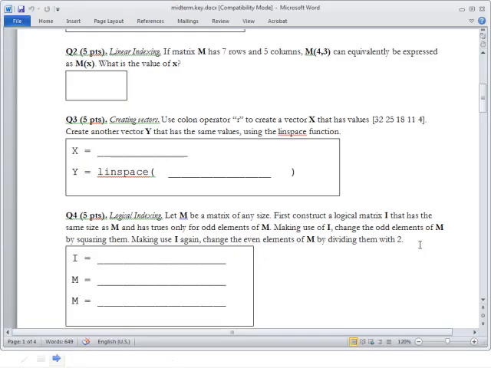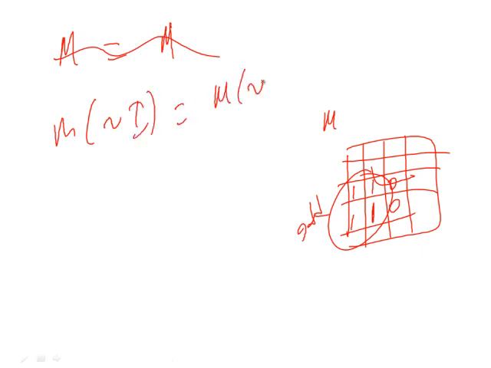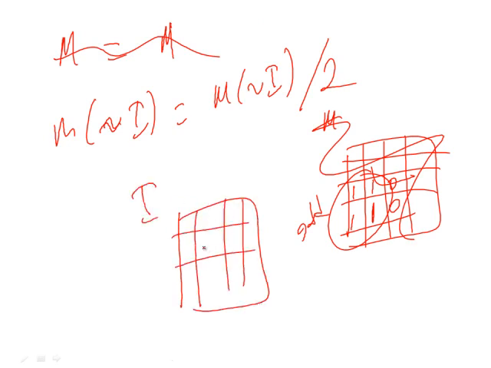In the next question, you're asked to change the even elements of M by dividing them by 2, so that's trivial. You would just do M(~I) equals M(~I) divided by 2. So when you have not I, you are basically switching all of the elements in I. If they are 1, they become 0, and if they are 0, they become 1.